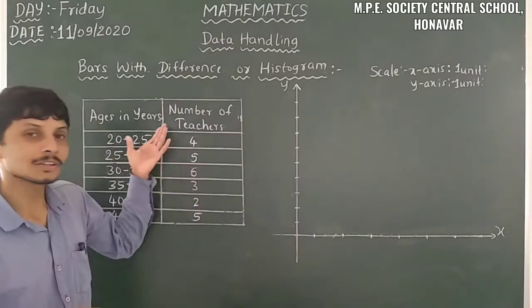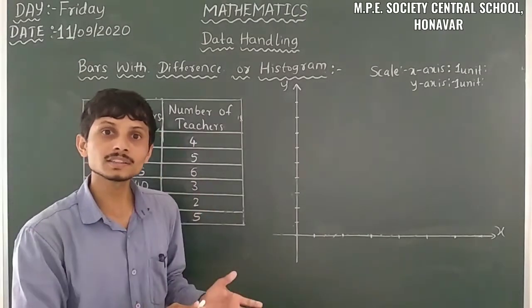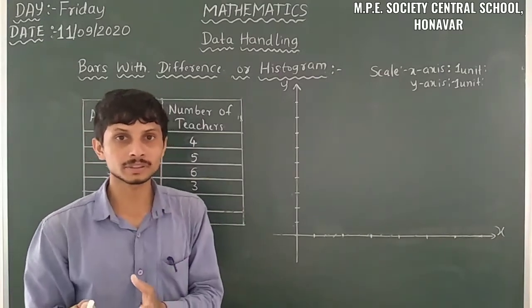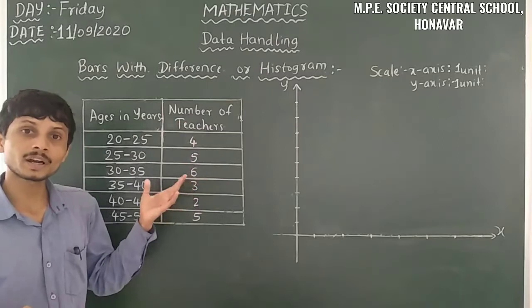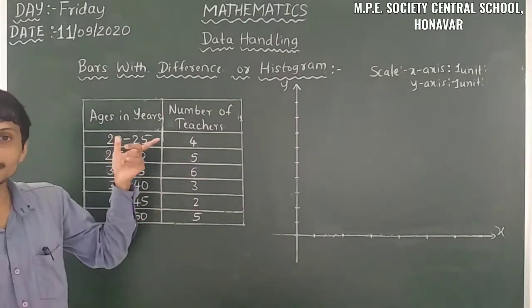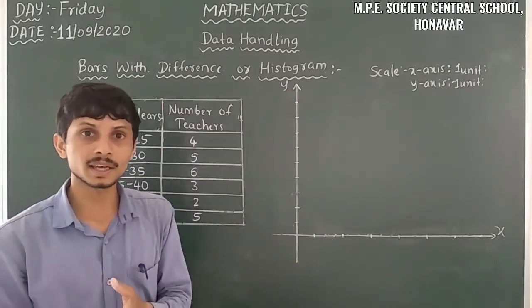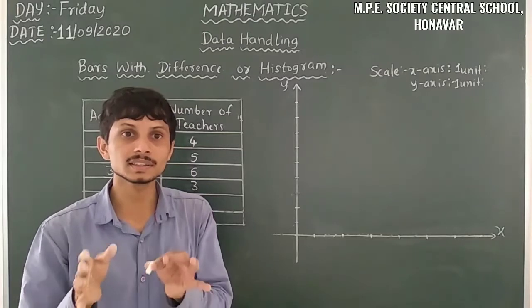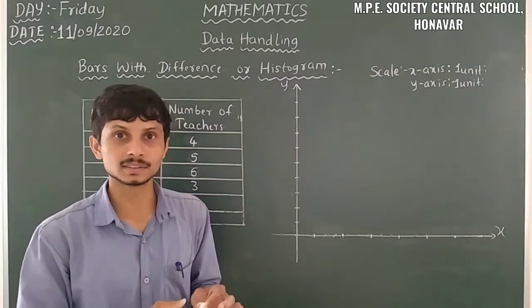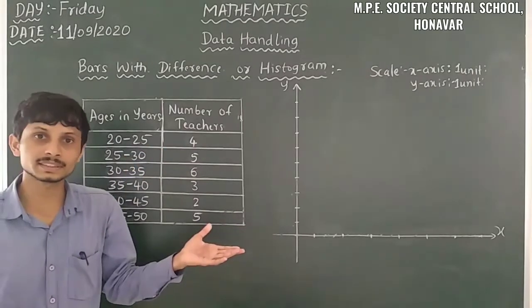Here also the unorganized form of data has already been converted into an organized form. The information is that age is in years. That means in a school there are a number of teachers, and we are categorizing all the teachers by their ages. So 20 to 25 years of age: how many teachers are there?